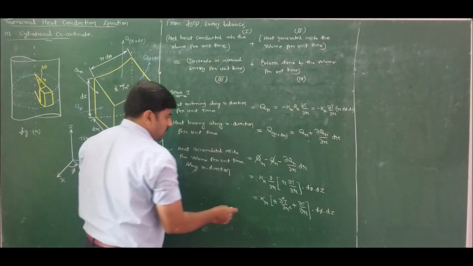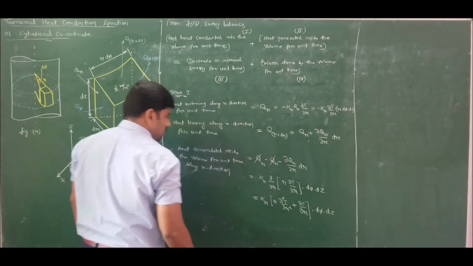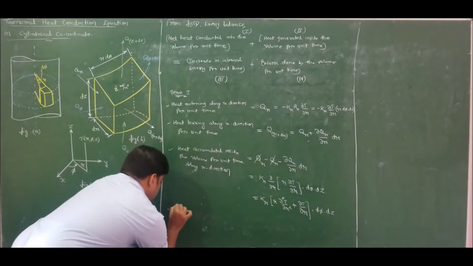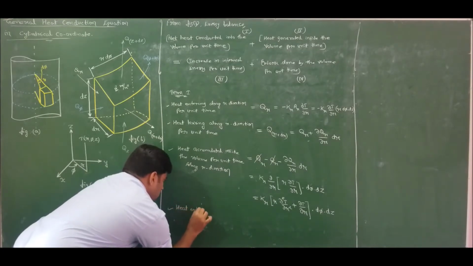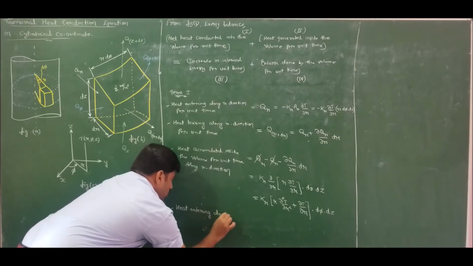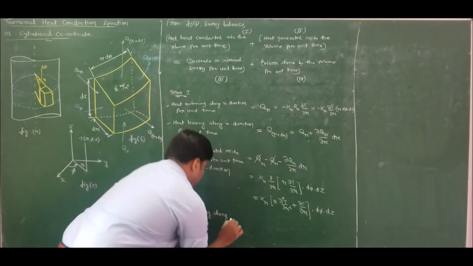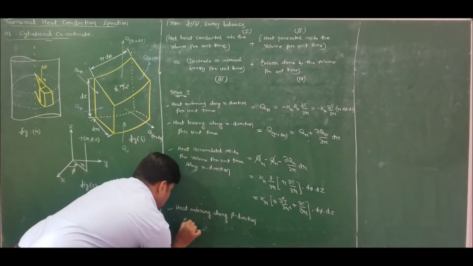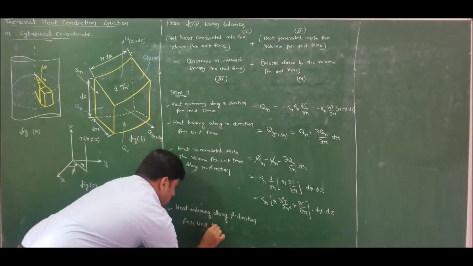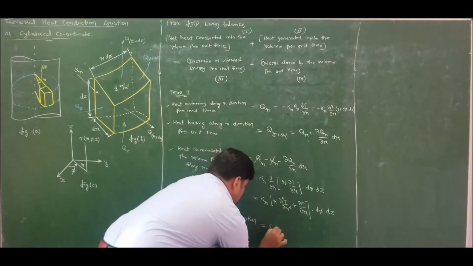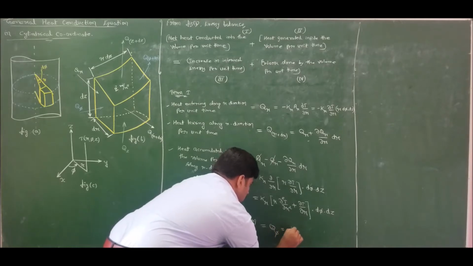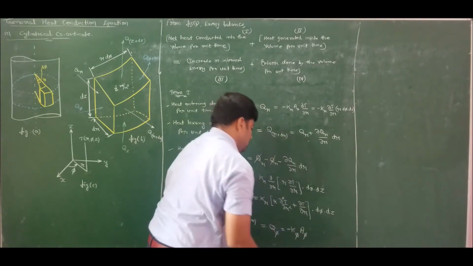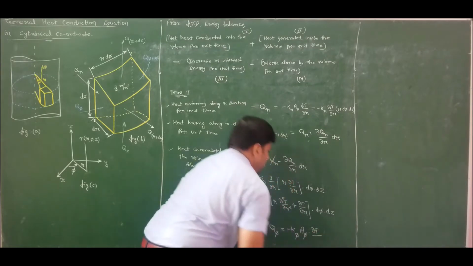Now moving ahead for phi direction. Heat entering along phi direction per unit time will be q phi, which is equal to thermal conductivity along phi direction into area perpendicular to direction of heat flow in phi direction into delta T, that is dou T divided by length along phi direction.